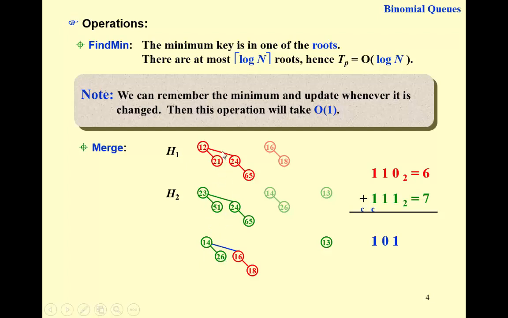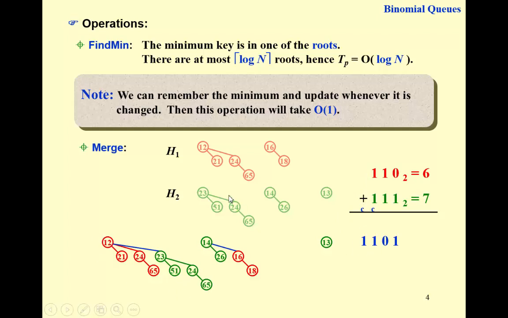We can merge any two of them and carry the result over to the next position and keep one tree at the current position. So here I would prefer to merge these two trees and carry it over to the next position and keep this one at the current position. And we check the last one. There's nothing, meaning 0 plus 0 plus 1 carry.